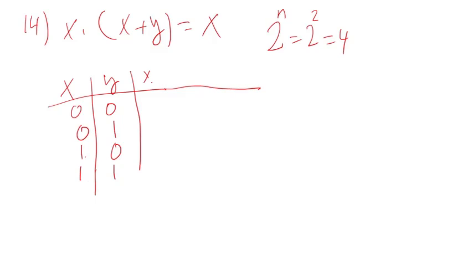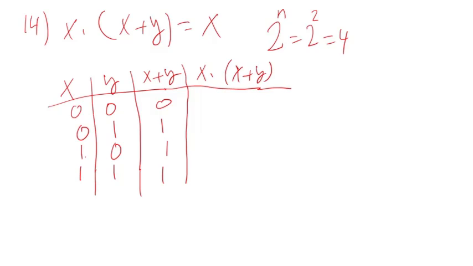So x or y: if one of them is 1, the x or y is 1. So 0, 0, that's 0. 1, 1, 1. Now x and x or y, so I'm going to take this and it with this, applying an AND gate.